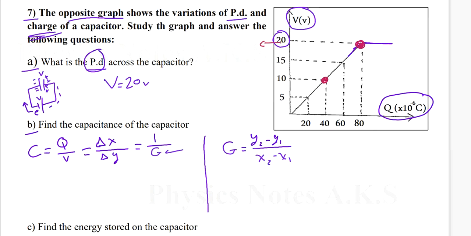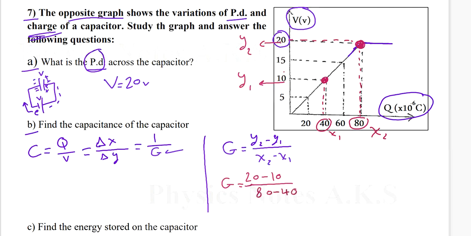So the 20 is y2 and 10 here is y1. I come right here and notice that the value 80 is x2 and the 40 is x1. So gradient equals y2, which is 20, minus y1, which is 10, over 80 minus 40.